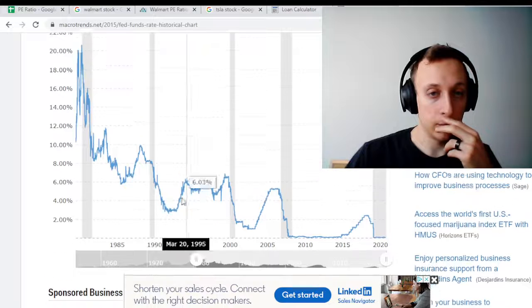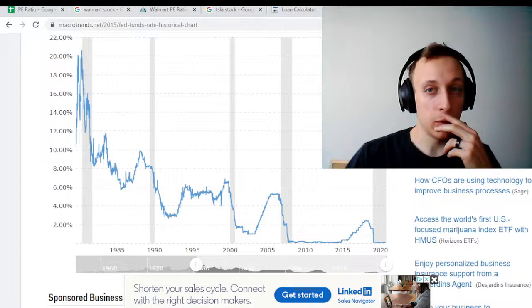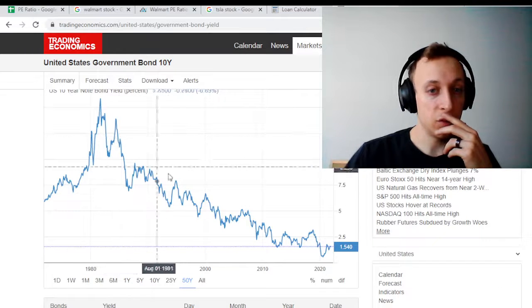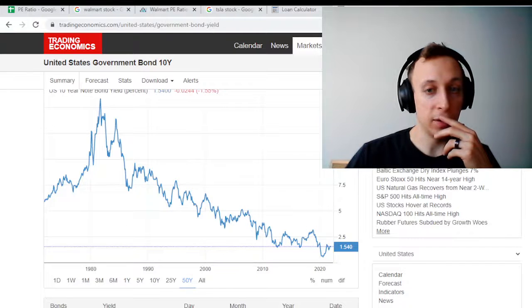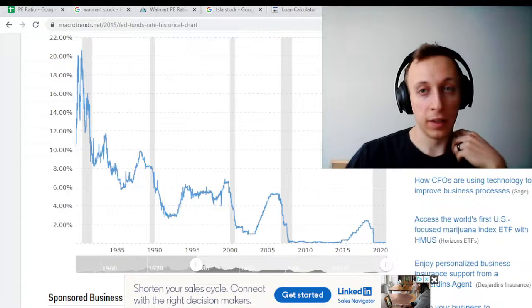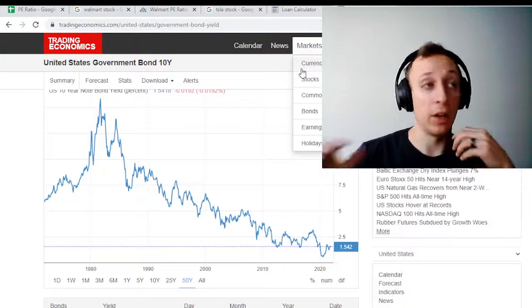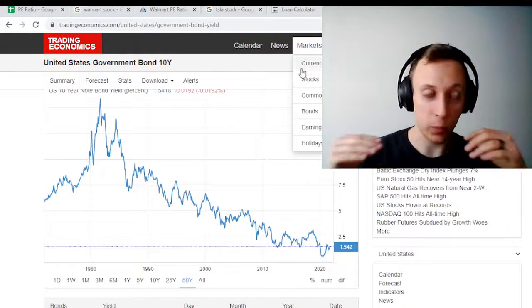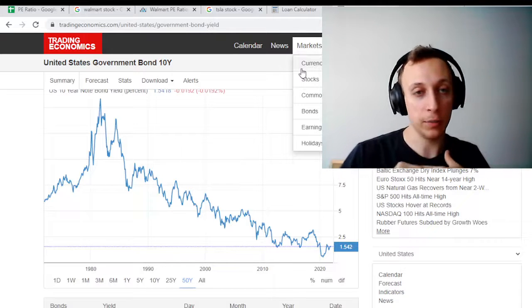Here we go. They are pretty strongly correlated. Again, that sharp decline down. They're not exactly the same, but they're very highly correlated. And so when interest rates are down, bond rates are down. So we can speak about them fairly interchangeably.